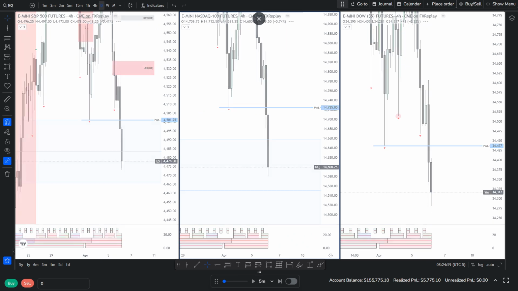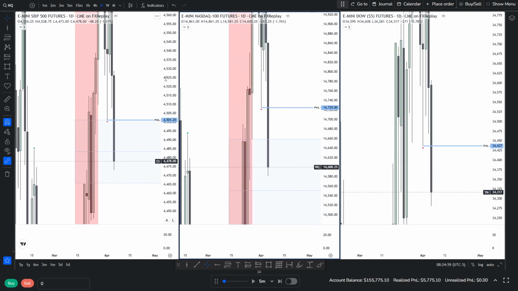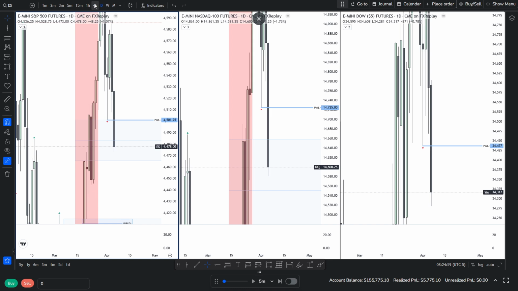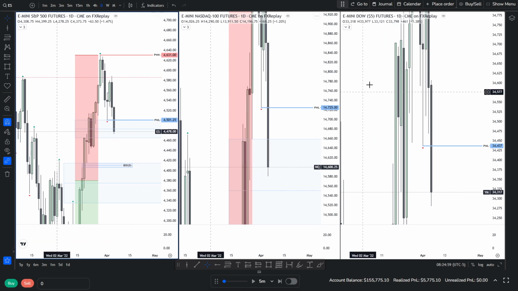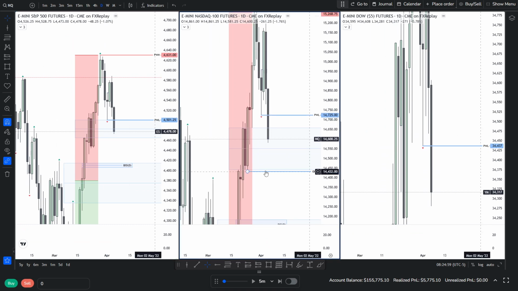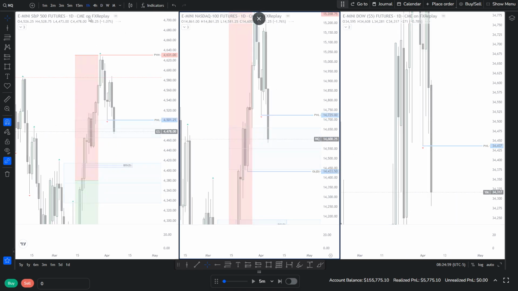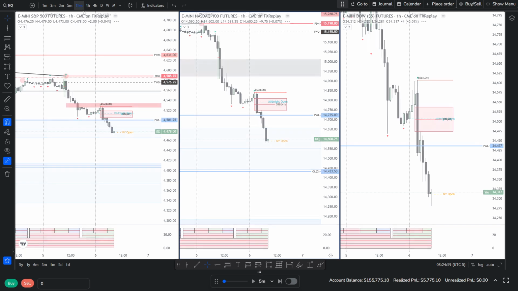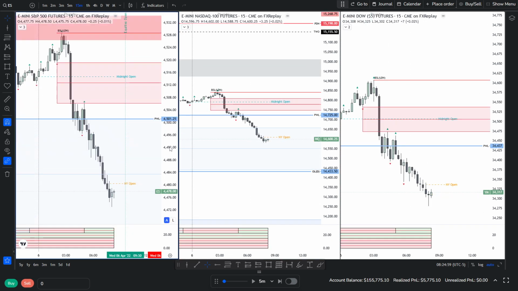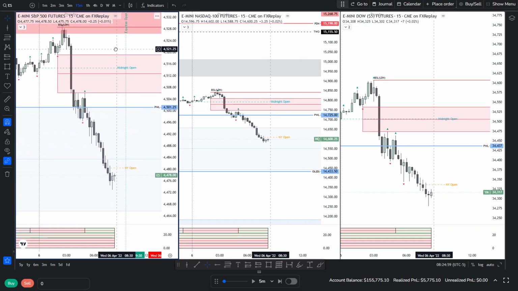I don't think so. Go to the daily. No, I think we're continuing lower. Where we are drawing towards in terms of liquidity would be good to know. Okay, so potentially the BISI here as well. Not really seeing anything.